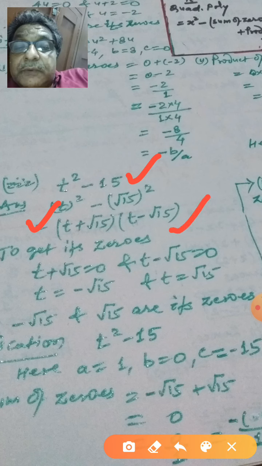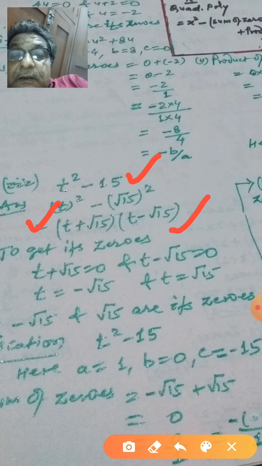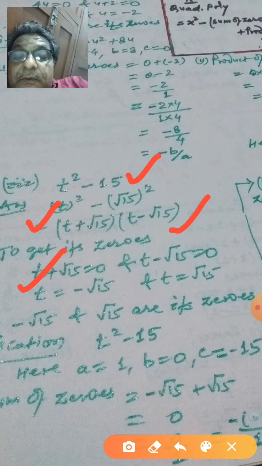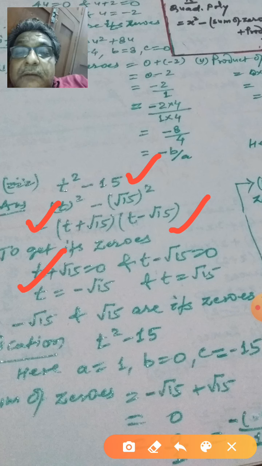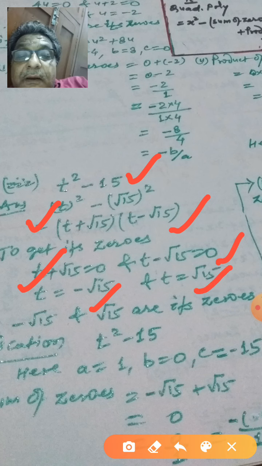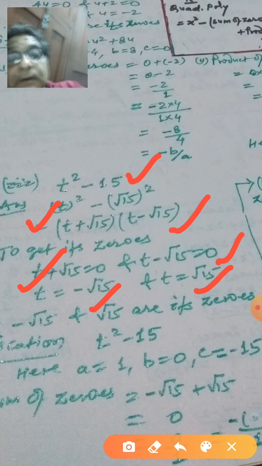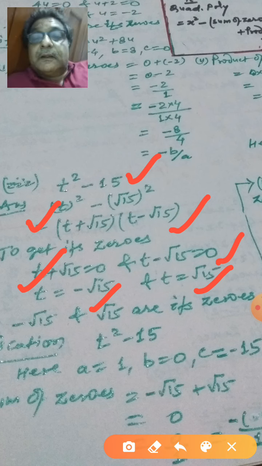Now we have two factors, t plus root 15 and t minus root 15. To get its zeros, again we make both factors equal to 0, that is t plus root 15 equal to 0 and t minus root 15 equal to 0. Finally we get the values of t, that is minus root 15 and root 15. Therefore we conclude that minus root 15 and root 15 are its two zeros.